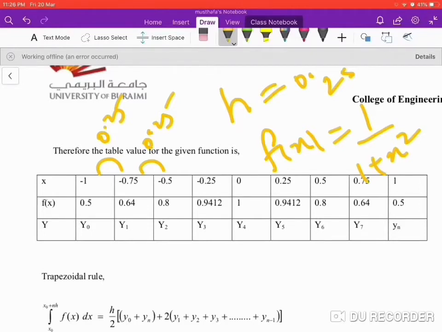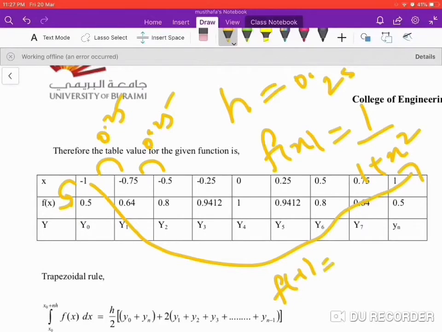Now for each x, let us find the corresponding f of x. You substitute this x in your f of x. So what happens for the first value? F of -1 will be 1 over 1 plus of -1 the whole square. The result will be 0.5.